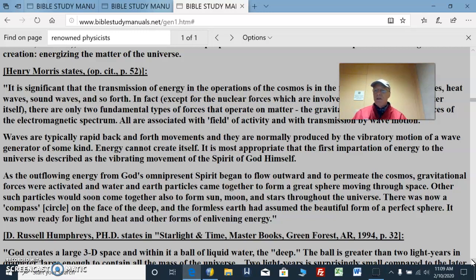Other such particles would soon come together also to form sun, moon, stars throughout the universe. There was now a compass, a circle on the face of the deep, and the formless earth had assumed the beautiful form of a perfect sphere. It was now ready for light and heat and other forms of enlivening energy.